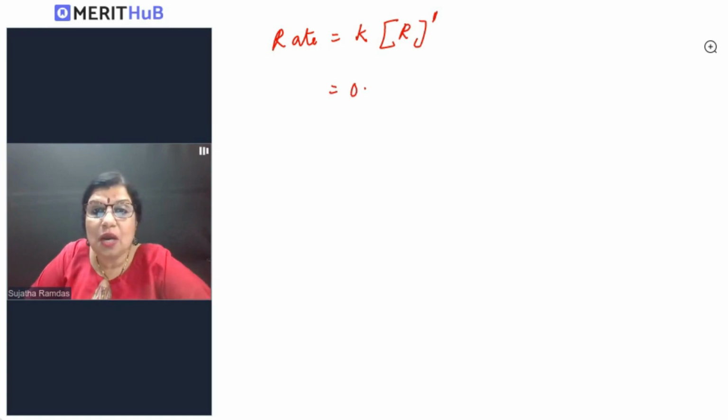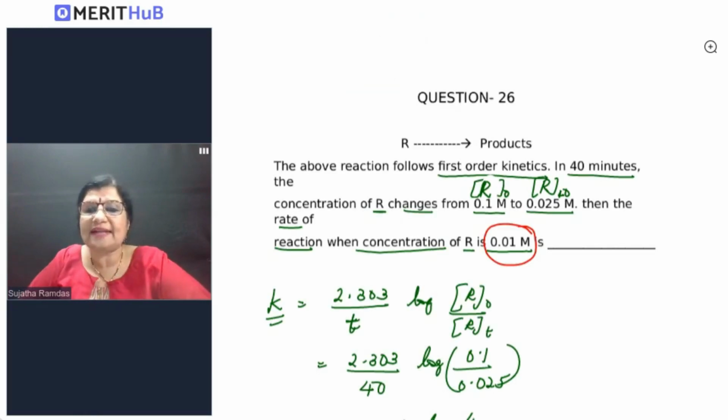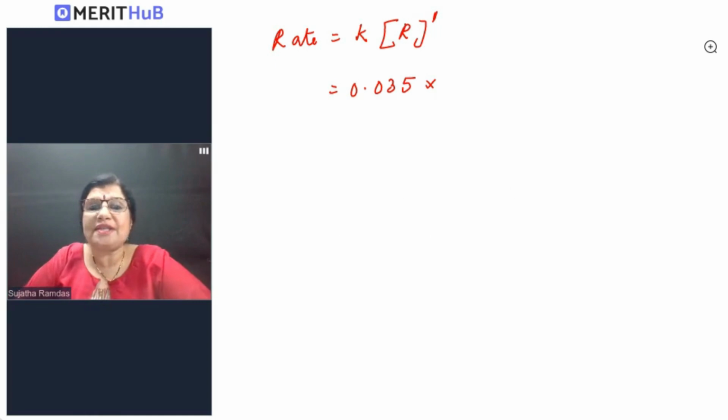k we found out as approximately 0.035 into what is the concentration of R? 0.01 to the power of 1.